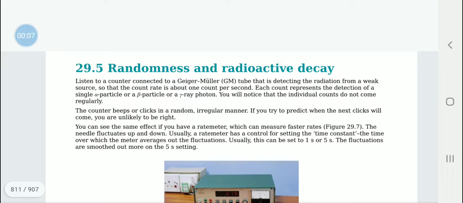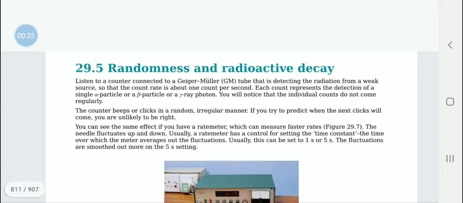Randomness and radioactive decay. If you take a Geiger-Müller counter and start detecting the radiation that comes, that is the alpha particles, beta particles or gamma ray photons, you would see that they don't come in a regular pattern.